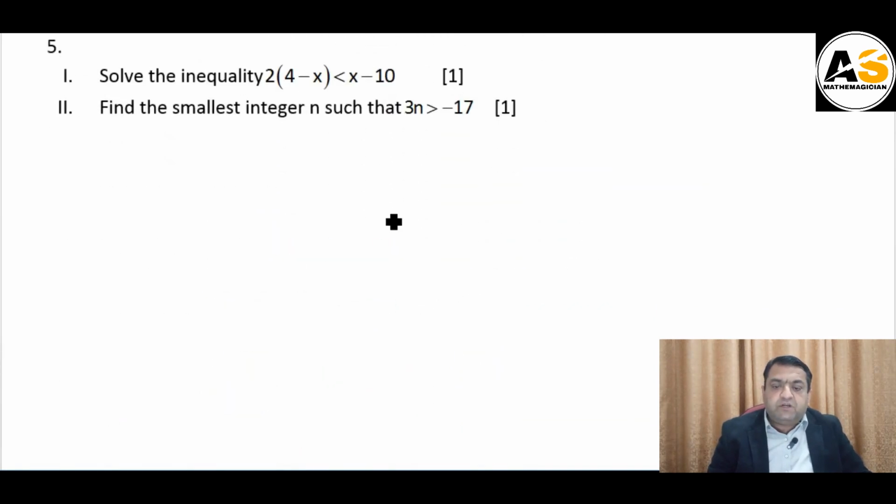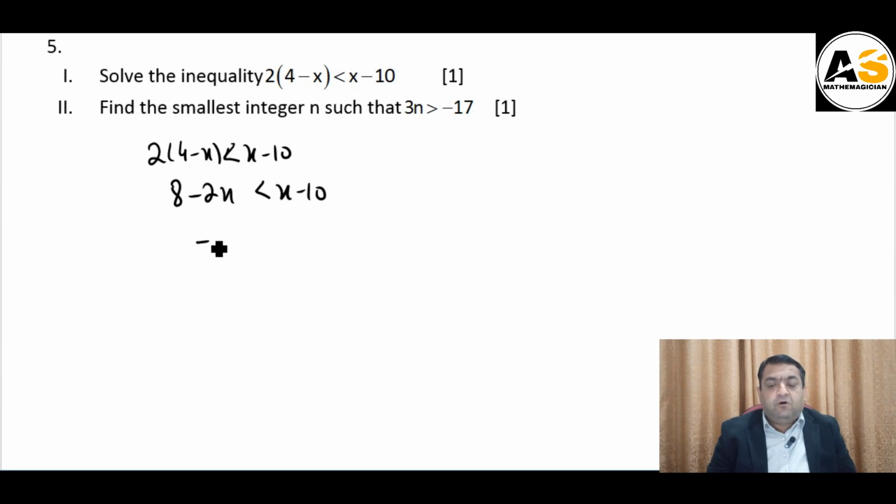Now we move to question number 5. A very easy question again. We are given an inequality and we have to solve it. The inequality is 2 times (4 minus x) is less than x minus 10. I will write 8 minus 2x is less than x minus 10, or -3x is less than -18.